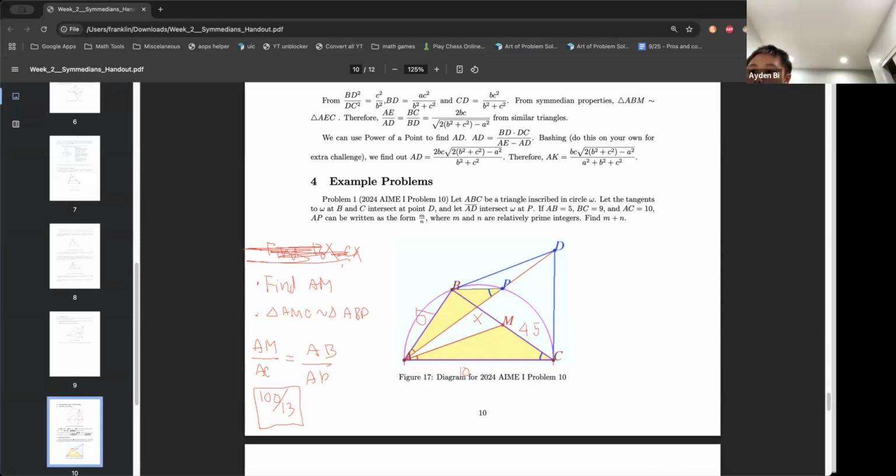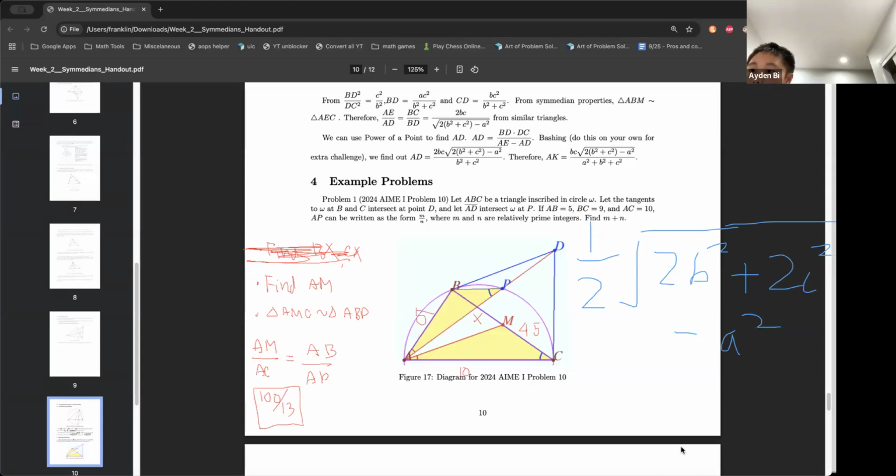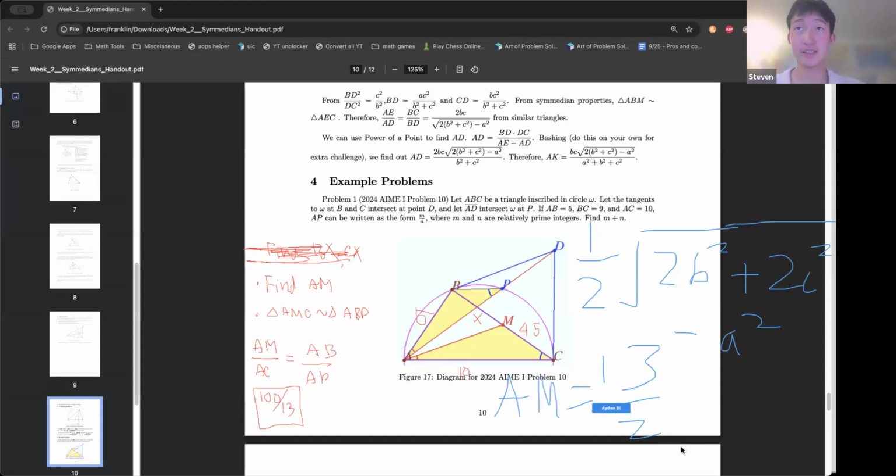I'm pretty sure the median formula is... so then you get that AM equals 13/2. I believe that is indeed correct.